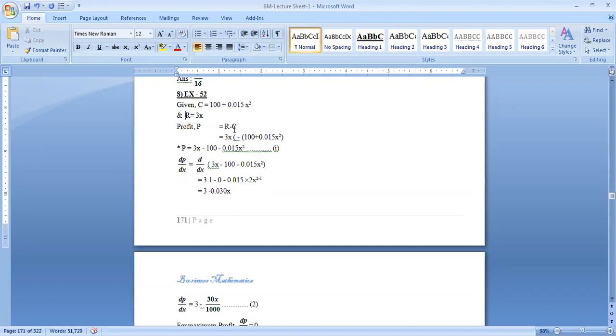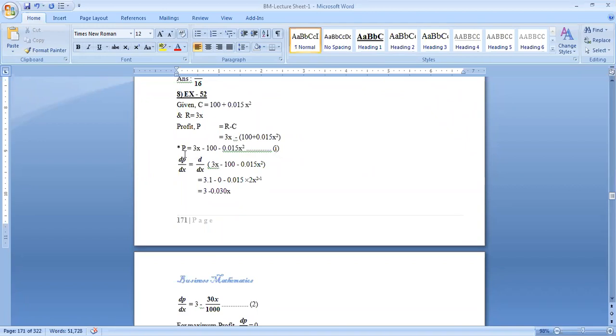Now revenue is 3x minus this cost, 100 plus 0.015 x square. Therefore profit equals 3x minus 100 minus 0.015 x square. This is equation number 1.